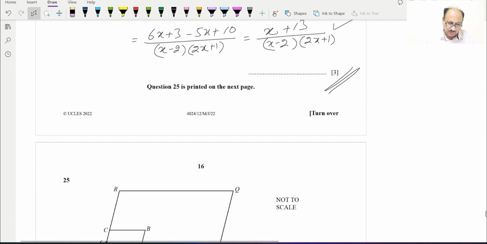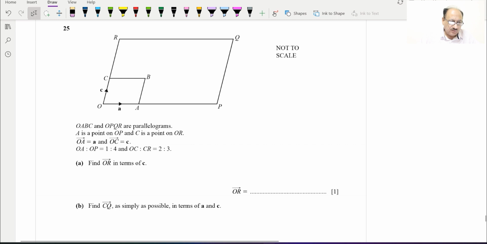Hopefully you understood this. Now question number 25, and question 25 says the diagram is not to scale. OA, BC and PQ. OA, BC is basically this one, and OPQR is this one.